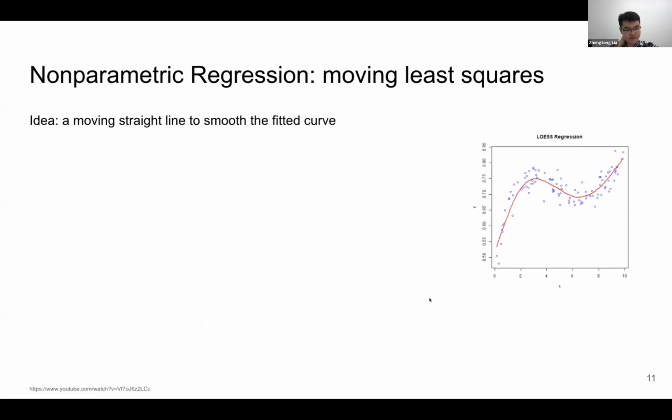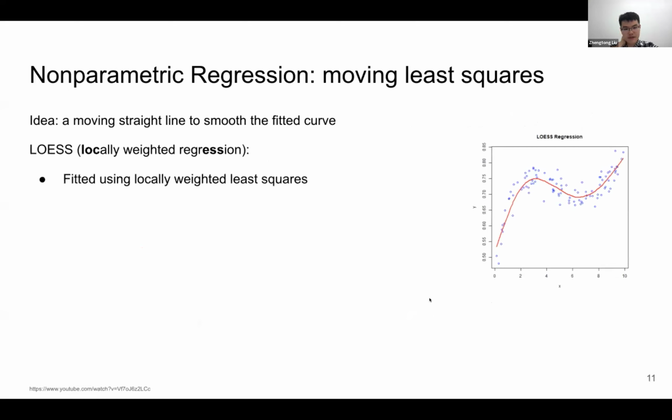So here comes non-parametric regression. The idea is to use moving least squares, where we draw a moving straight line to smooth the fitted curve. And here comes LOWESS regression, short for locally weighted regression. The overall idea is to fit using a locally weighted least squares.